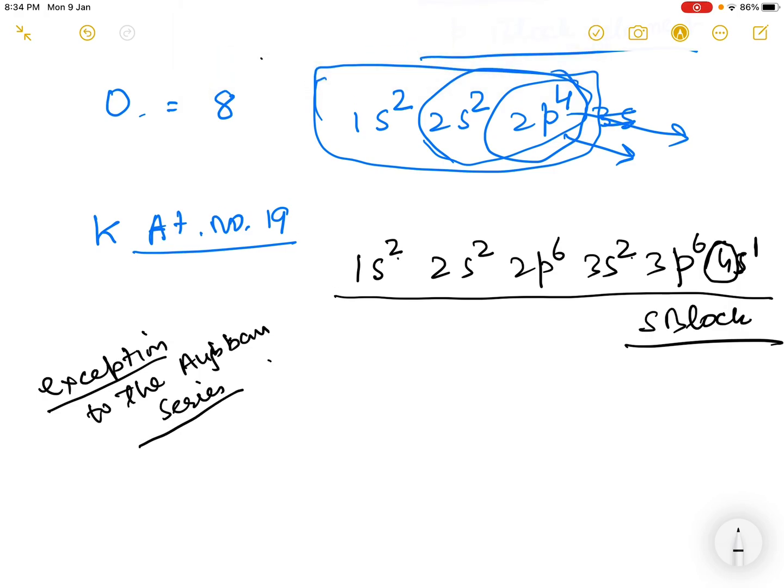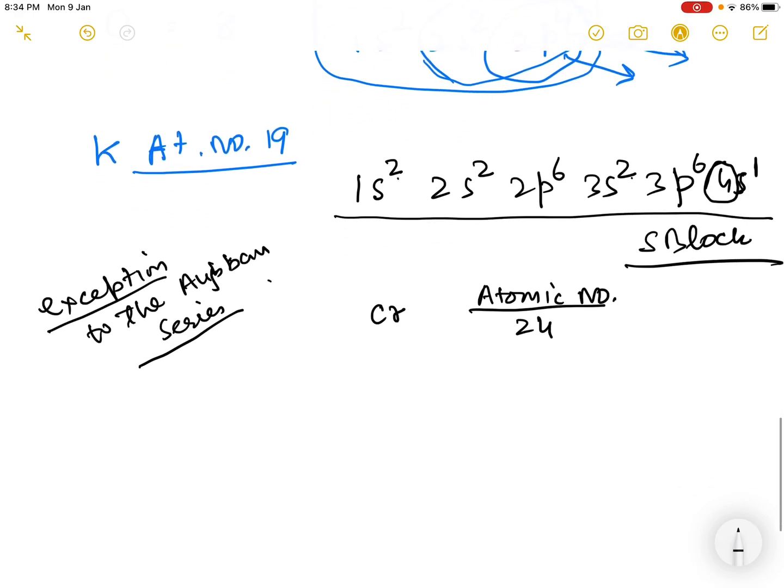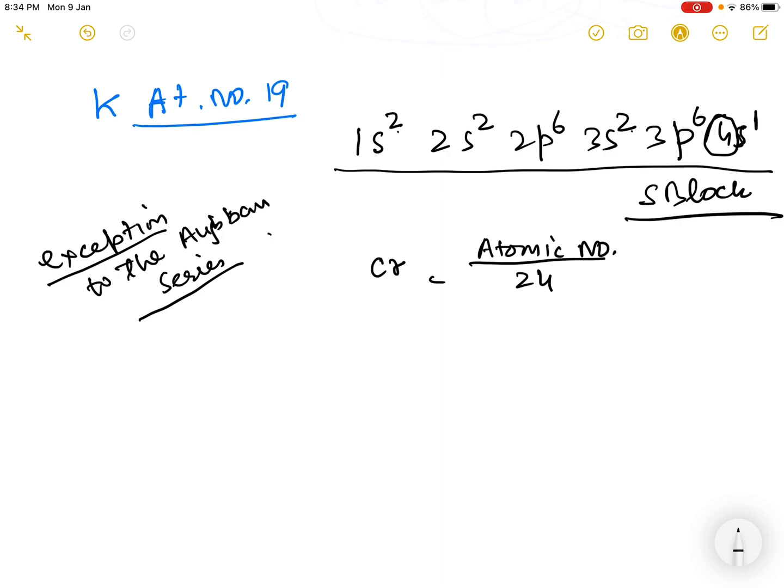What are these exemptions? See, first exemption is chromium, whose atomic number is 24. Here, let us first write what should be the electronic configuration according to our series.